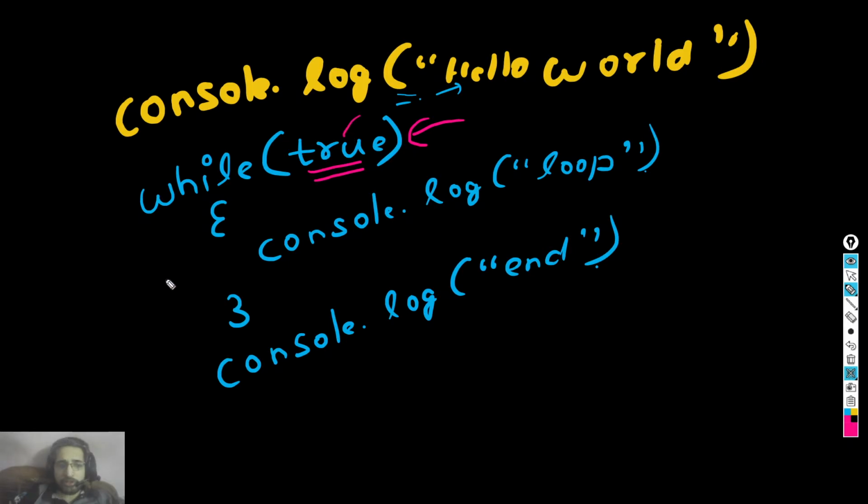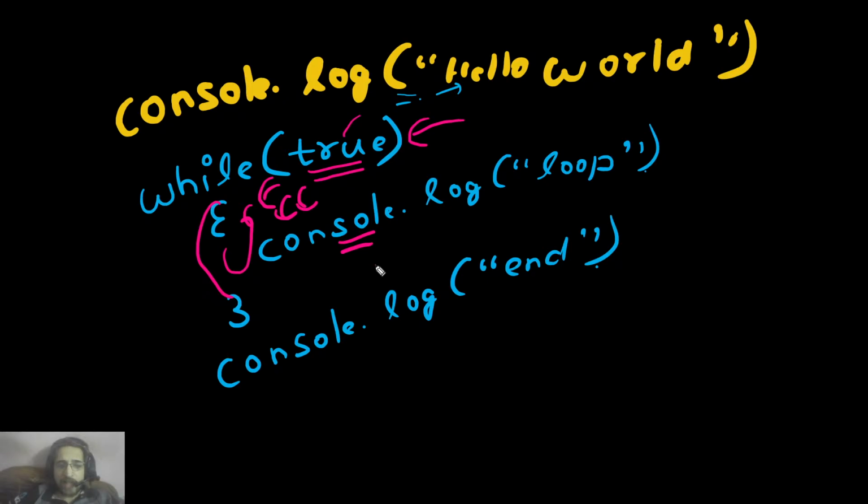So this while loop will execute an infinite number of times, printing console log loop again and again. In that case, your main UI thread will be completely hanged.